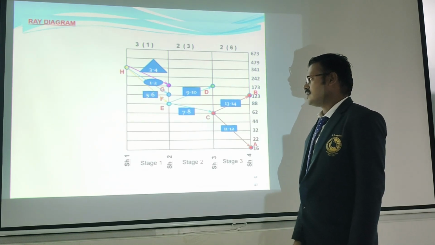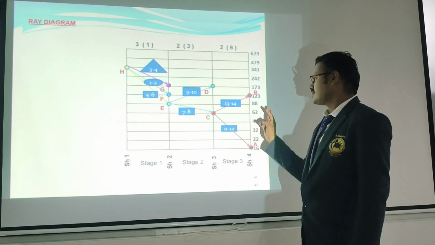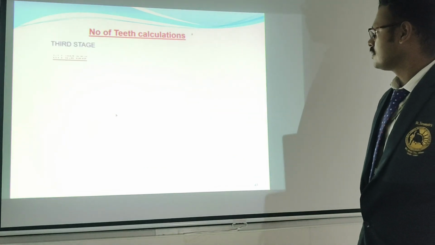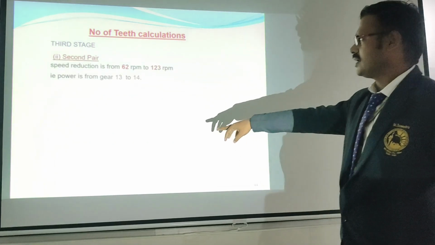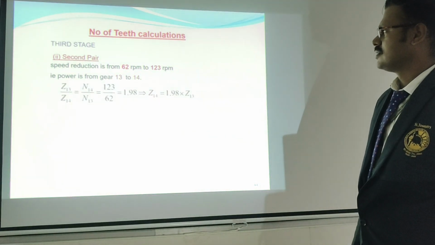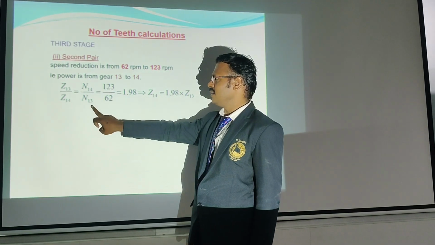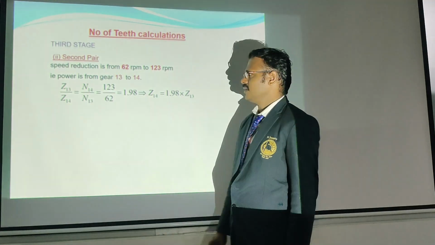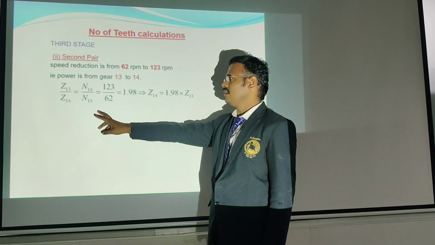So we need to choose N13 divided by N14 equal to Z13 divided by Z14. The speed is 62 to 123. So the gear is 13 to 14. So Z13 divided by Z14 equal to N14 divided by N13. So already we know that the input RPM is 62, the output RPM is 123.